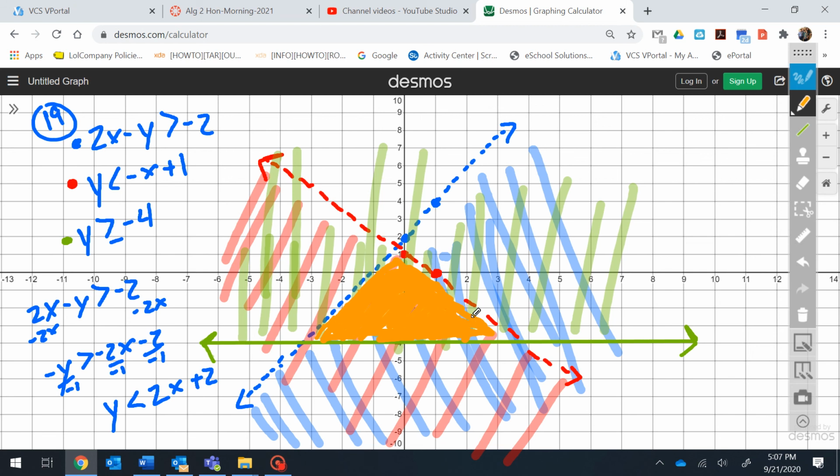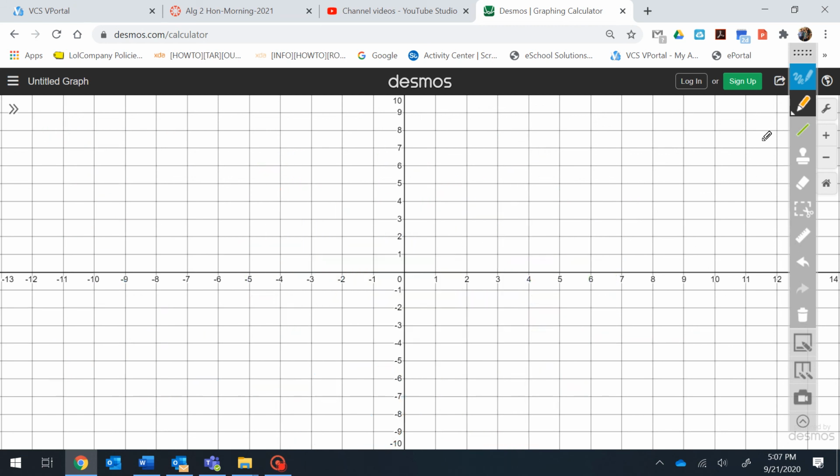Everything inside this triangle will satisfy all three inequalities. Any ordered pair in here will satisfy all three inequalities. That is the solution inside of this triangle right here. Okay, good. All right, that was number 19.